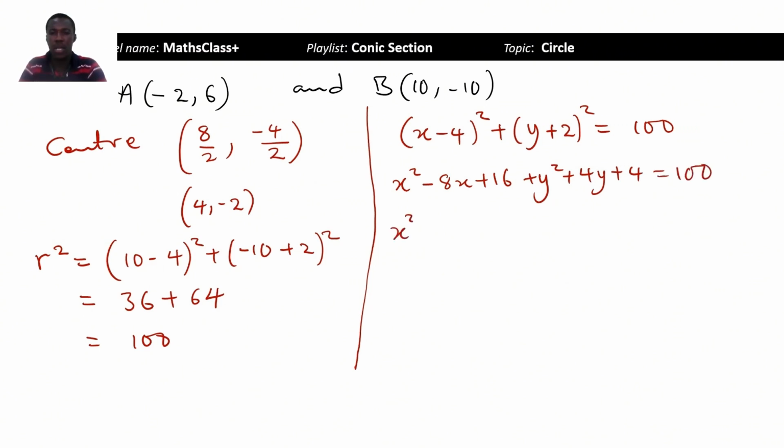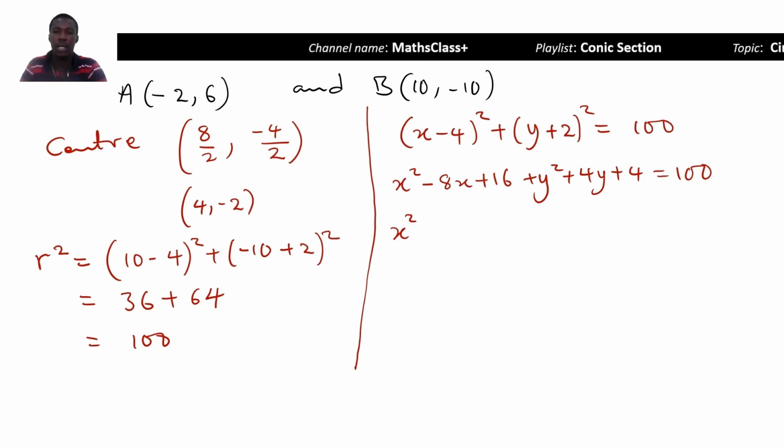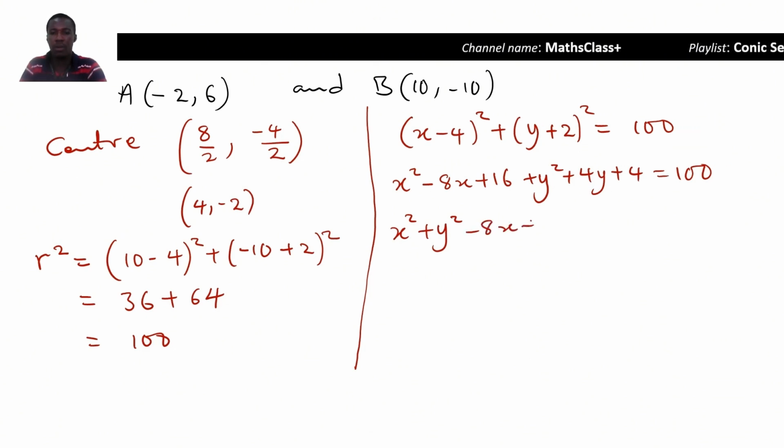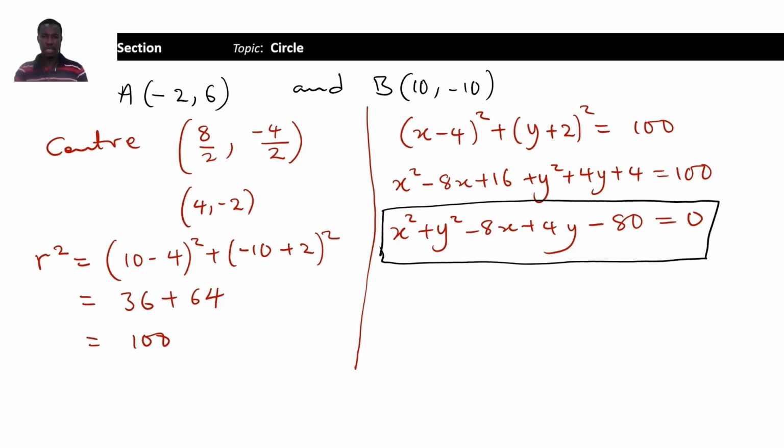That means I'll get x squared plus y squared minus 8x plus 4y. 16 plus 4 will be 20, so 20 minus 100 will be minus 80, which is equal to 0. And so that becomes the equation. Now when you check, you see that the two methods that have been used have both produced the same answer.